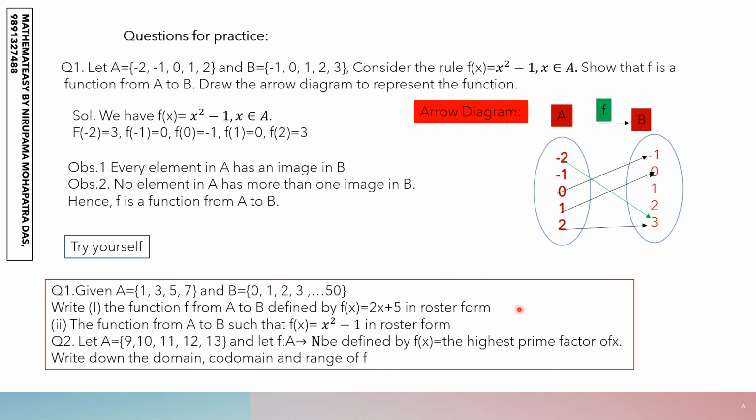For example, f(1) equal to 7, right? f(2) would be 9, but 2 is not there. f(1) is 7, f(3) is 2 into 3, 6 plus 5, 11. f(5) is 15, f(7) is 19. So you can write here (1, 7), then (3, 11). Like this, in ordered pair form you need to write.